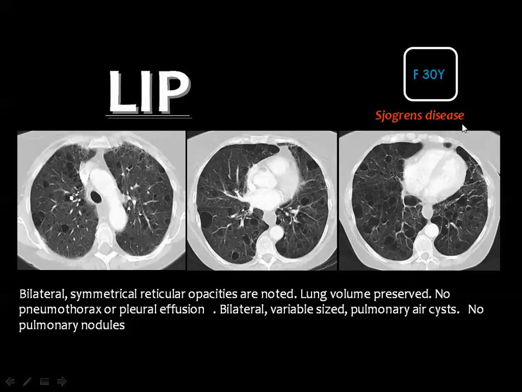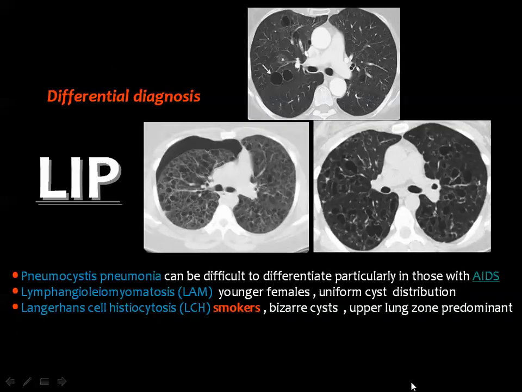This patient with Sjogren disease, which is one of the diseases commonly associated with this type of pneumonia, which is known as lymphocytic interstitial pneumonia, and you see the cystic lesions in the lung. Similar to any cystic lesion in the lung, they may rupture and produce pneumothorax.